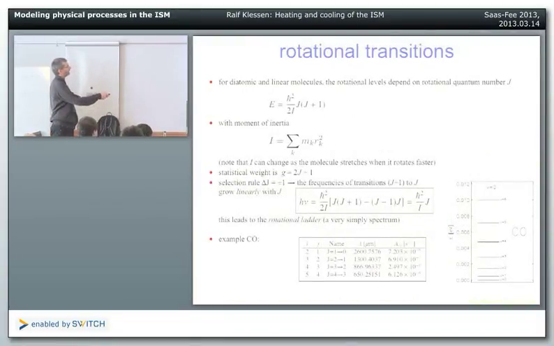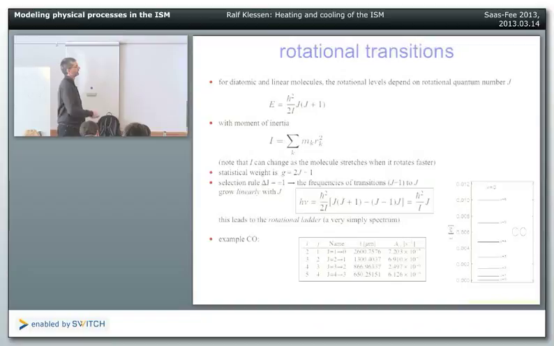Again, for simple rotational transitions and simple diatomic and linear molecules, the rotational levels simply depend on the rotational quantum number J. So this is the Planck constant, and this is the moment of inertia. And the moment of inertia, to a good approximation, is simply the distance and the mass of the two molecules.